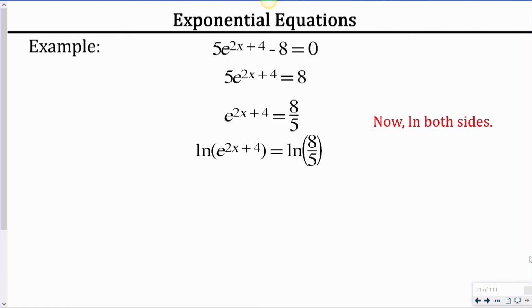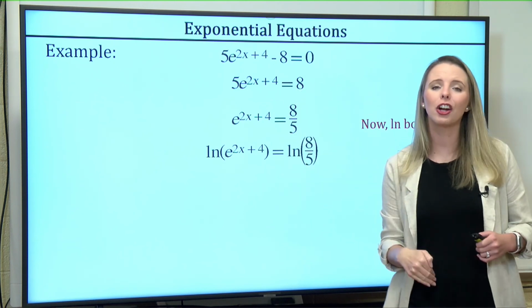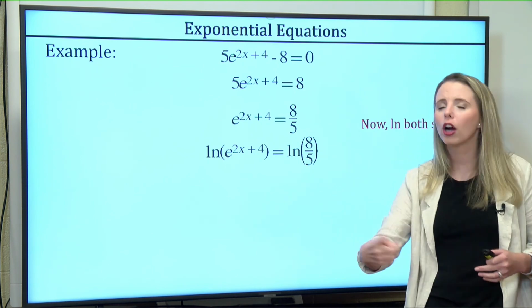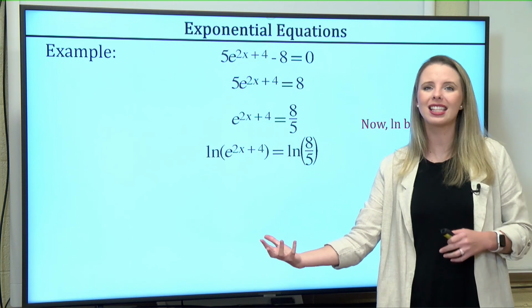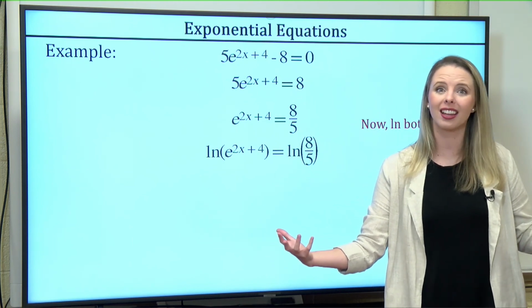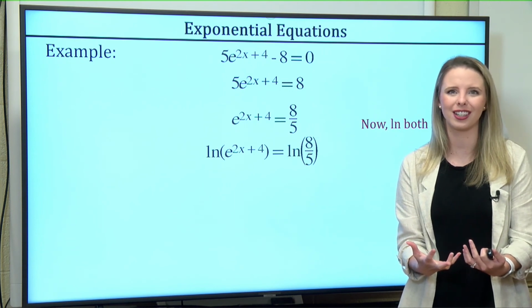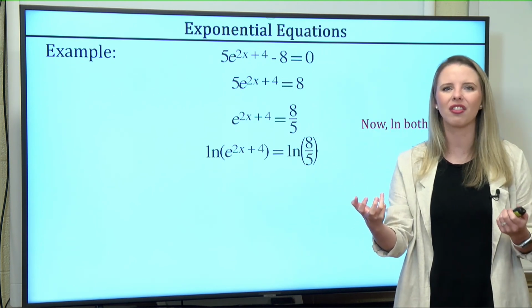Just like up here, when we added 8 to our left-hand side, we also had to add 8 to our right-hand side. In 3rd quarter, when we were solving quadratic equations by quadratic formula, factoring, and square roots, if we square rooted one side, we had to square root the other side, right? Okay, logarithms are a function just like square roots are a function. So we can take the log of one side and take the log of another.